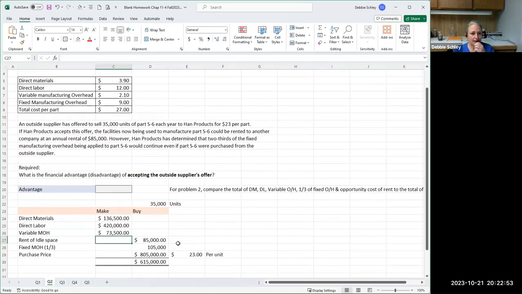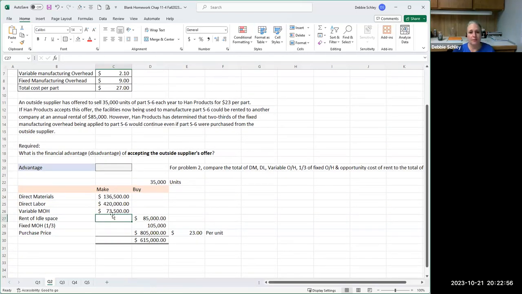Okay, so that is all that we need to consider in the make side because the rent of the idle space was only if we buy it. The fixed manufacturing overhead, that's fixed. And then the purchase price was for the buy. And so we add up those relevant costs in our decision-making process. And we come up with 630,000 if we make it.